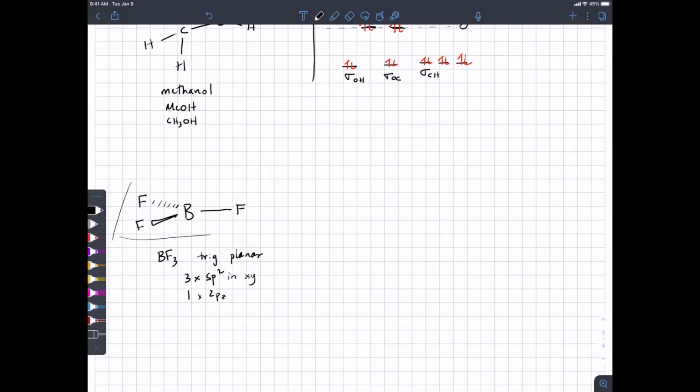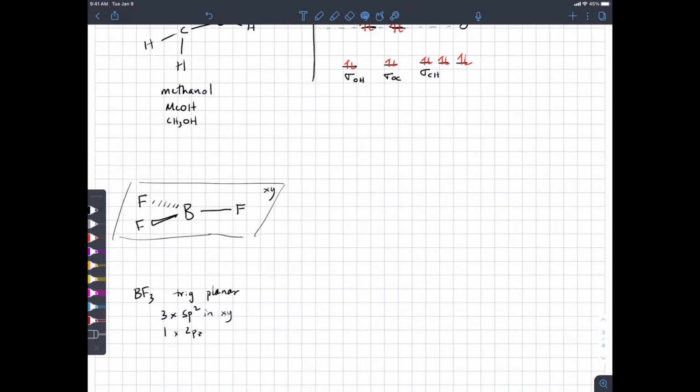So if we envision boron as being trigonal planar and this is the xy plane, then each of those bonds between boron and fluorine come from an sp2 orbital on boron and then an orbital on fluorine.